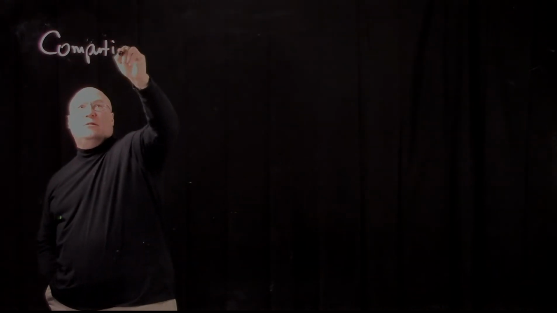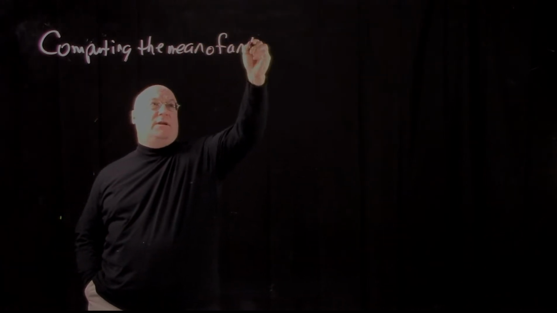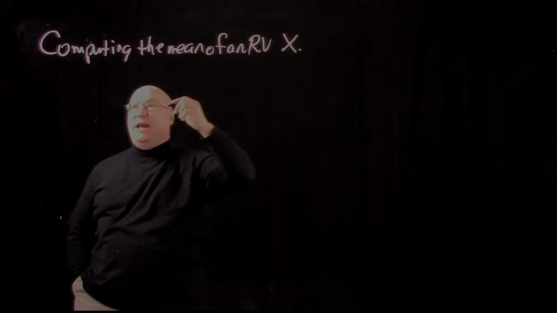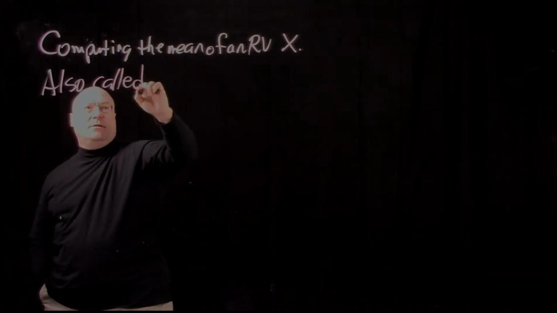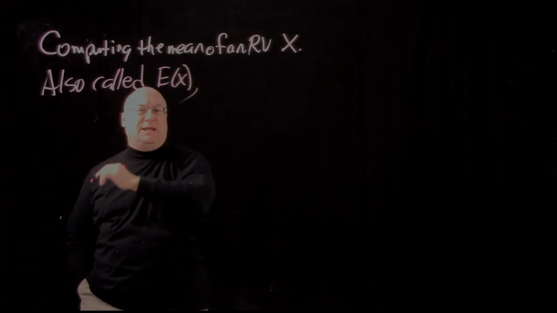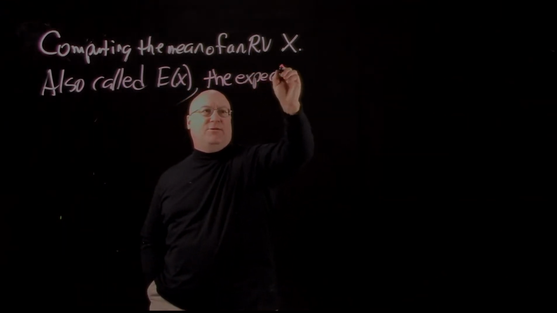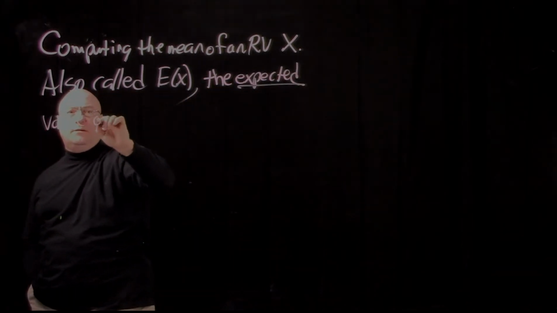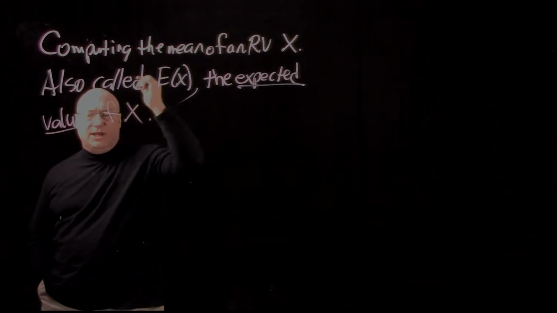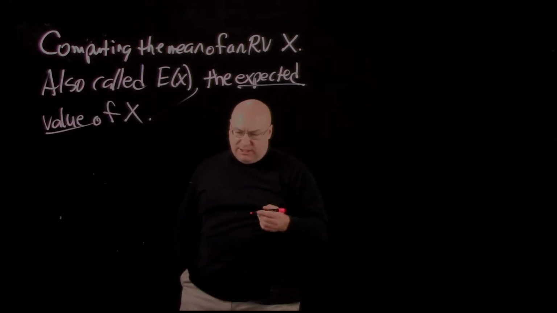So what we're doing is we're computing the mean of a random variable X. And that's also called E of X, which is the expected value of X.